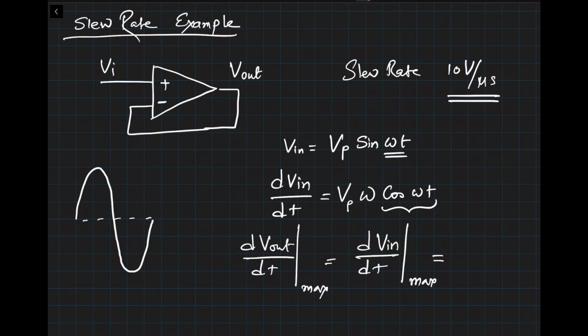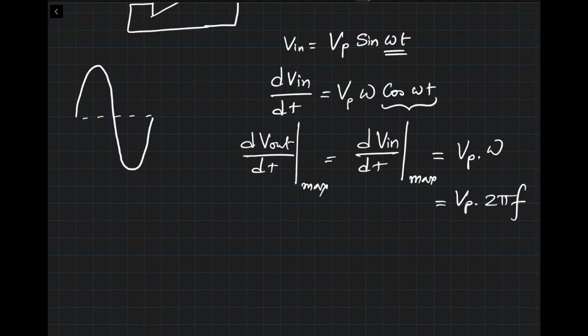So this would look like Vp times omega, and then we can write this as Vp times 2 pi f. Let's say I'm applying a signal of frequency 10 megahertz and V peak is equal to 1 volt.